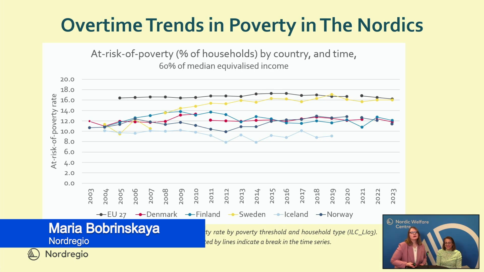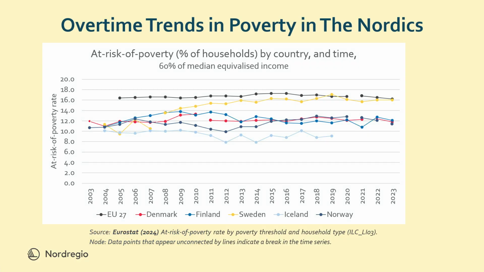If we look at the historic overview of the at-risk of poverty rate for the full population, which is 60% of median equalized income, we can see that Nordic countries are doing much better than the EU average. For the Nordics, the rates are around 11–12%, while for the European Union, it's above 16%.